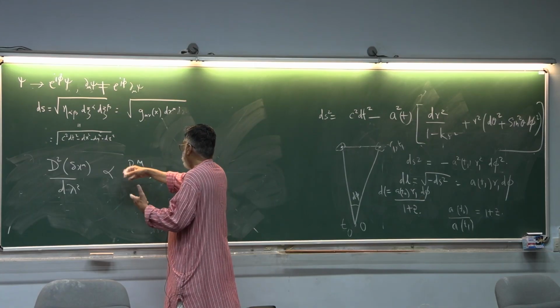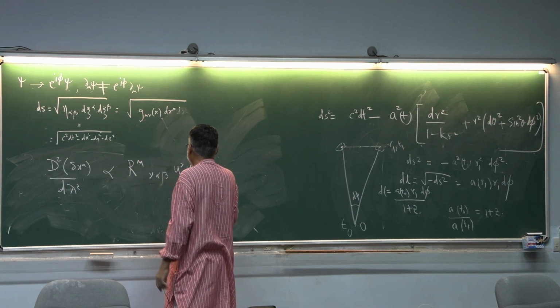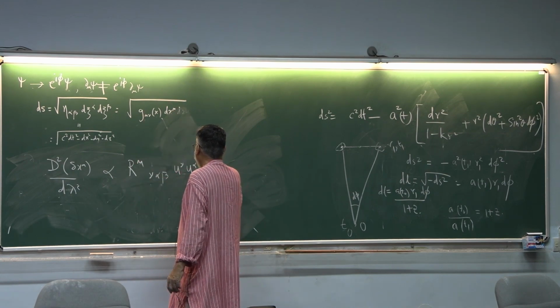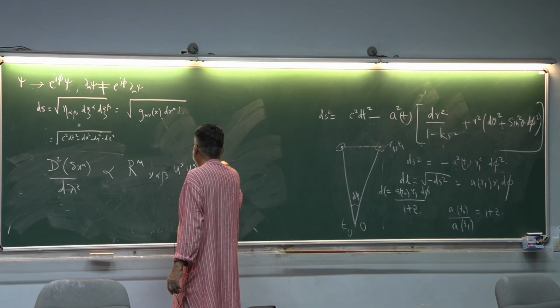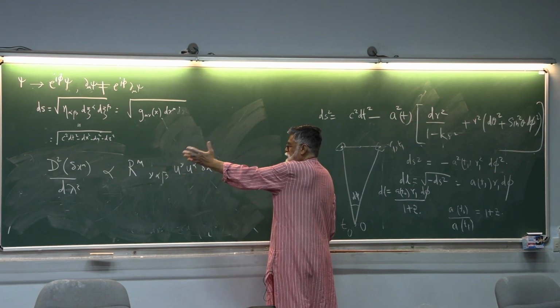Plus or minus, I don't remember the sign, so you'll find u nu u alpha, where u's are the 4 velocities of the geodesic, and delta x beta. There will be a plus or minus, that's why I'm writing it as proportional.